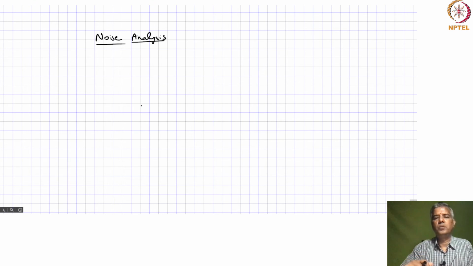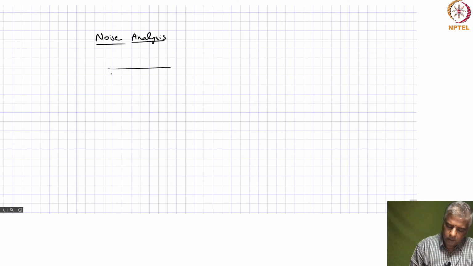So what you eventually get at the output is going to be a voltage corresponding to whatever noise current you have. So in our circuit, we have, let's say, these current sources.